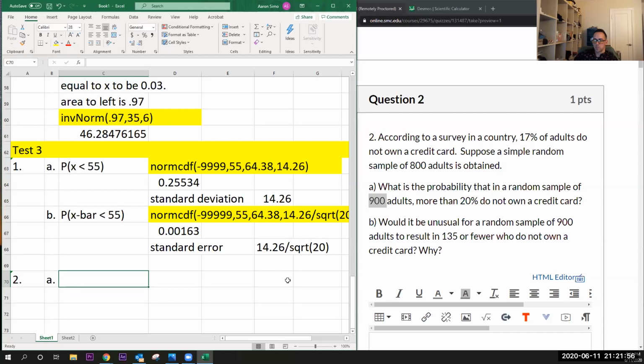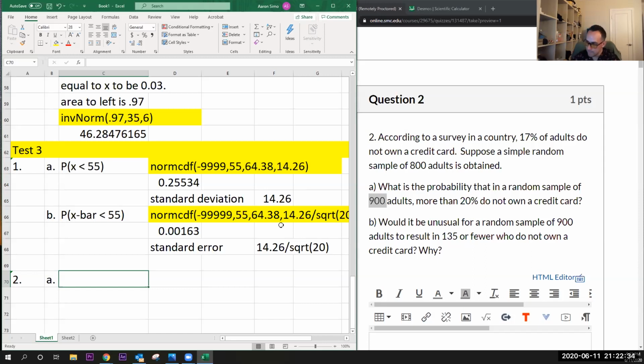Should I leave it as 20%, or 0.2, or should I find 20% of 900, which is 180, and ask what's the probability that 180 or more do not own a credit card? That's one question you want to ask. If I convert it to 180, then I'm going to go to binomial CDF. If I leave it as the 20%, then I'm going to stay in the normal distribution.